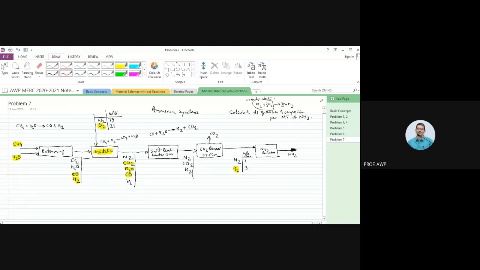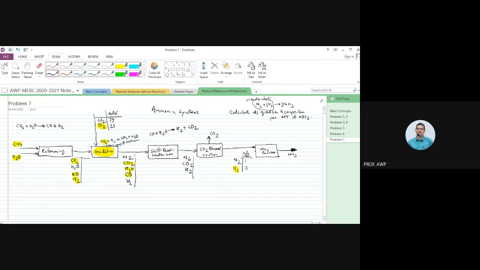for the purpose of this problem, because we are in first year, we are going to make an assumption that carbon monoxide and water and hydrogen do not react in this oxidation process. Only methane reacts, and methane and oxygen are in stoichiometric proportions. I have 100% conversion of methane and therefore no methane remains, no oxygen remains in the gas coming out of the partial oxidation process.